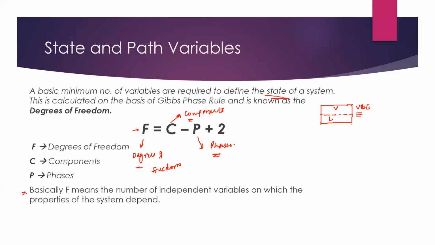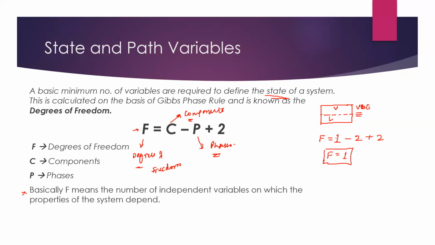So let's say I have pure water, but it is in vapor state and liquid state, and both are in equilibrium with each other, right? So in that case, for the degrees of freedom, since we have only one component, that is water, two phases, that is vapor and liquid, and of course plus 2, this gives us F equals 1, right? So therefore you need at least one variable.